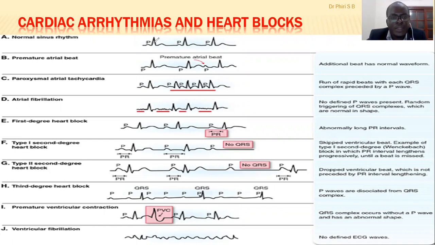You have a P wave that is followed by a QRS complex, P wave, QRS complex, P wave, QRS complex. Then after the QRS complex, you have the T wave here. So this is just a normal rhythm. So when you're looking at this ECG, it's normal. So it's called normal sinus rhythm.